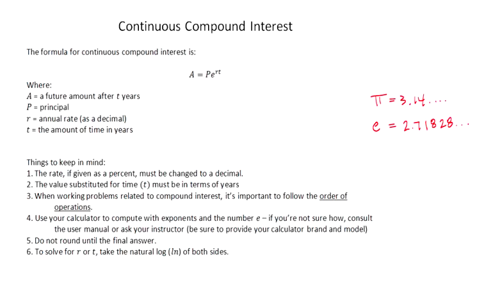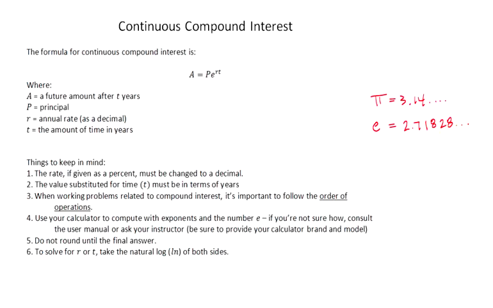So E is a number that remains the same no matter what. It has a value of approximately 2.71828 and so on. So technically, when you're working with the continuous compound interest formula, you can substitute E as being this decimal approximation, 2.71828.